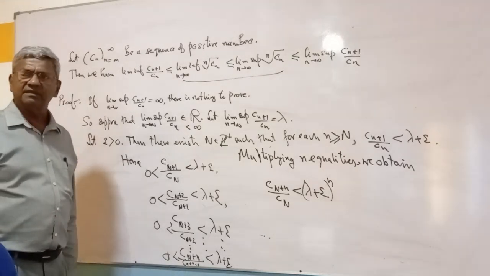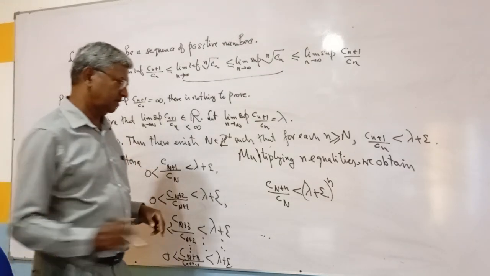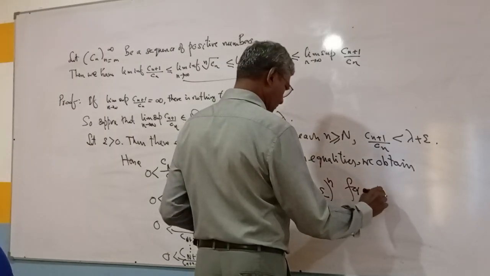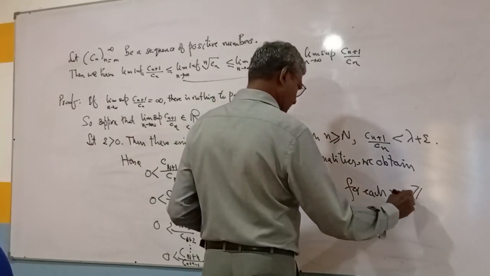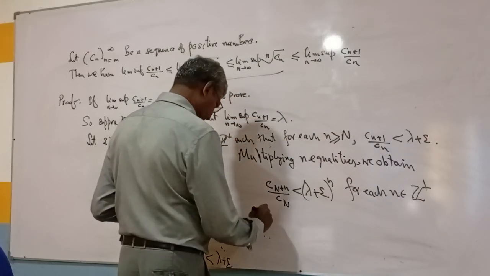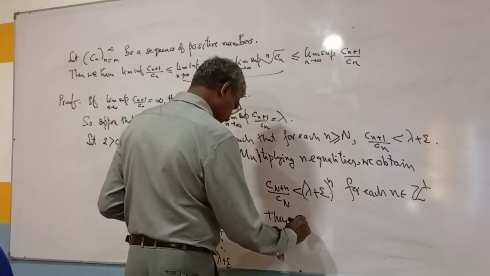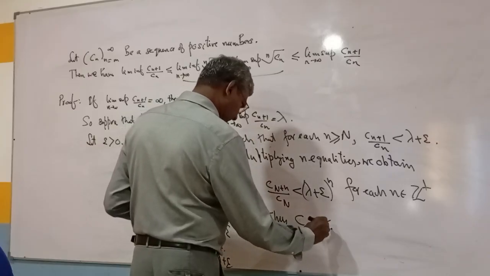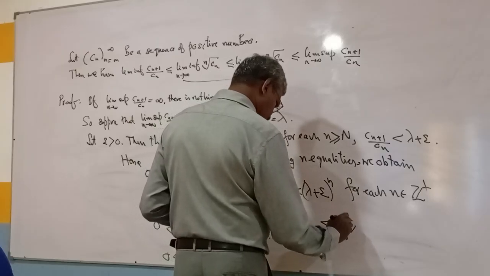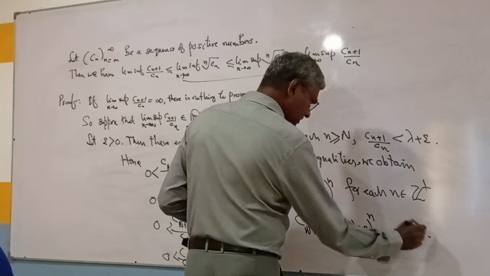This is true for each n in the naturals. Thus c_{N+n} is strictly less than c_N times (lambda plus epsilon) raised to the power n for each n.